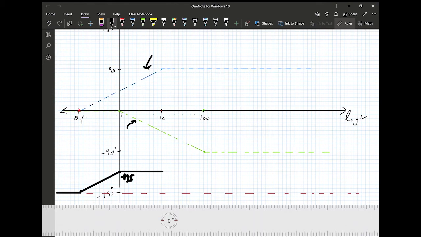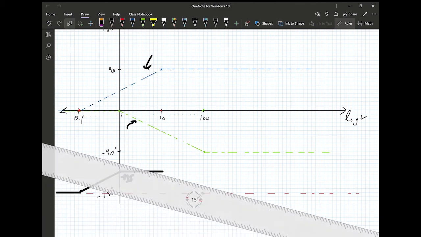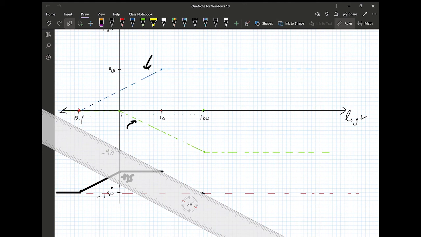And then after 10, the 0 is going to settle to a constant, right? And then the pole is still going to continue. So the pole is going to continue with a slope of minus 45 degrees per decade, right? So after 1 decade, we're going to go back down 45 degrees. So we're going to go back to minus 180. So that curve is going to look like this.